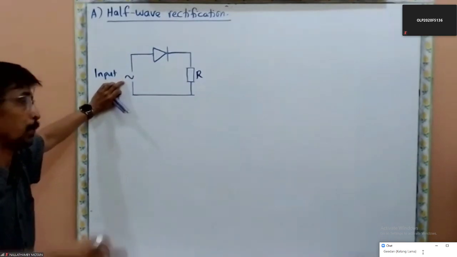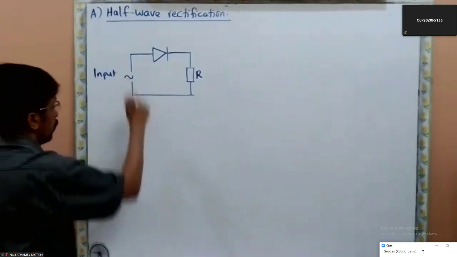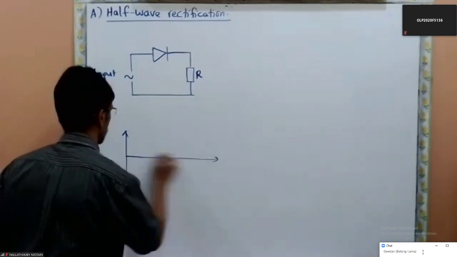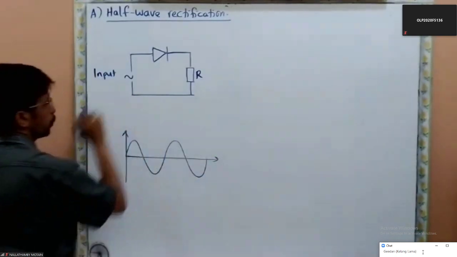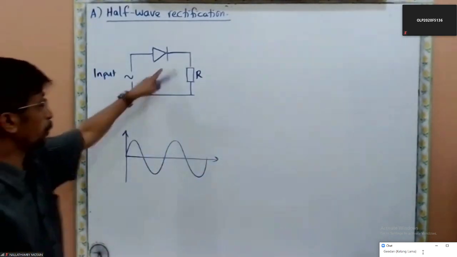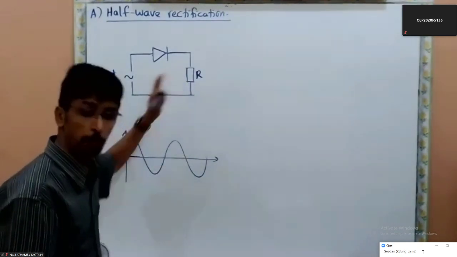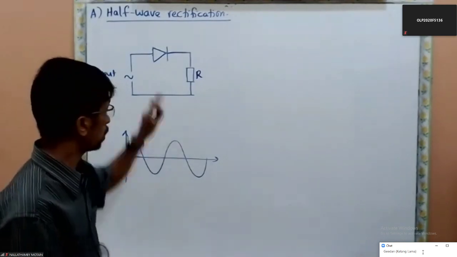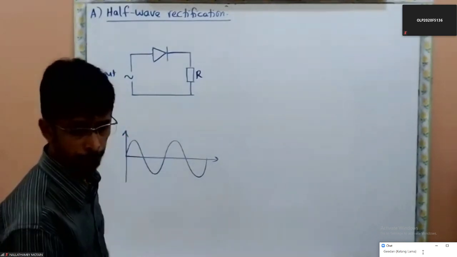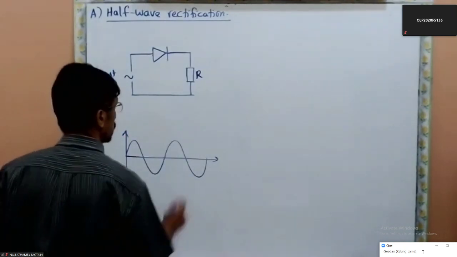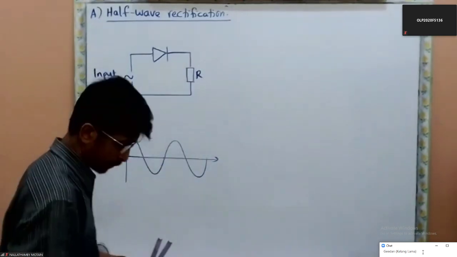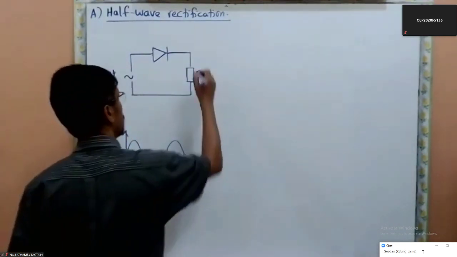If you want to see the current flowing over here, how the input looks, you can bring the CRO, just connect over here, and you can see the waveform like this. Then our circuit is complete. Here you can fix a resistor or a bulb. Then how about the output? Very simple.